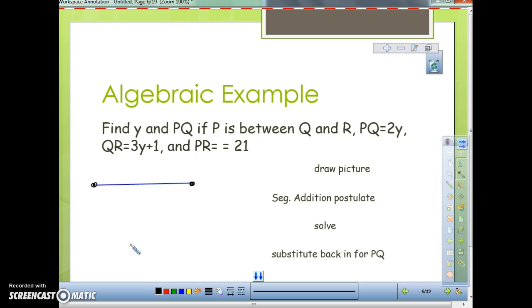So do you think P would go on the inside? Between two of the points.